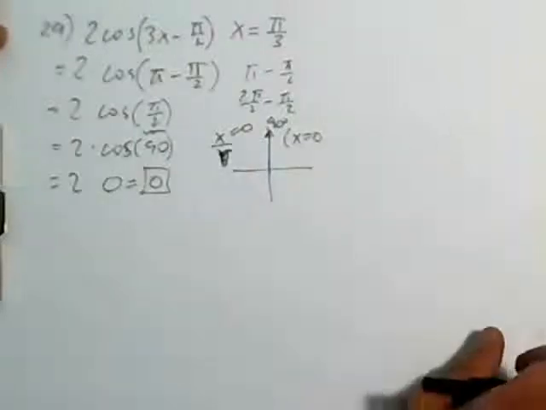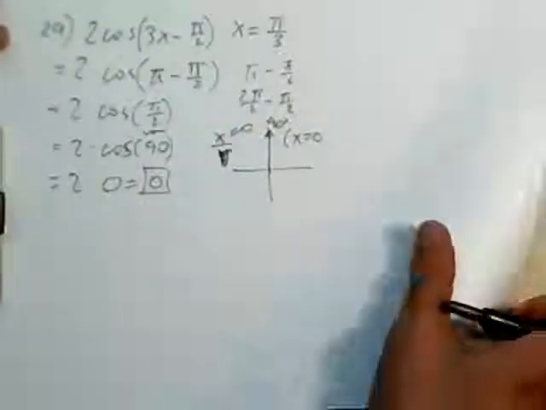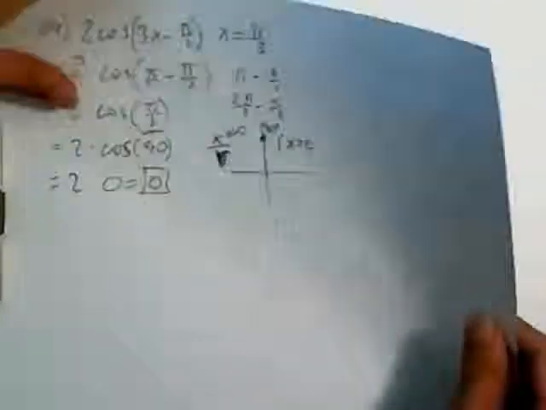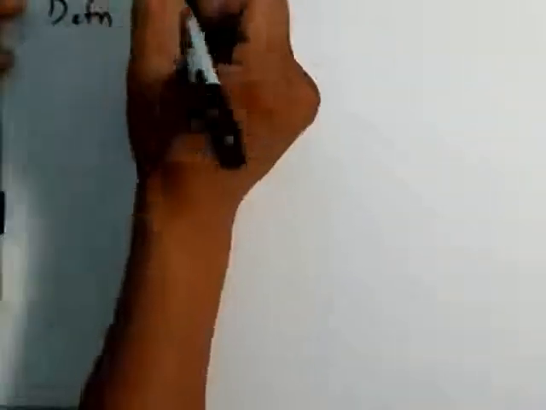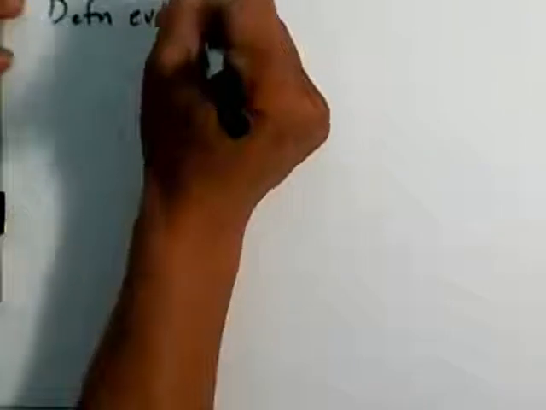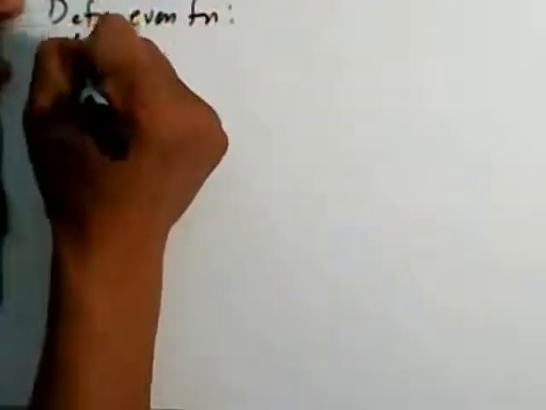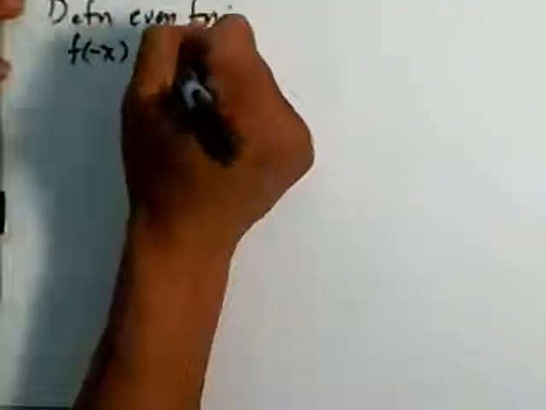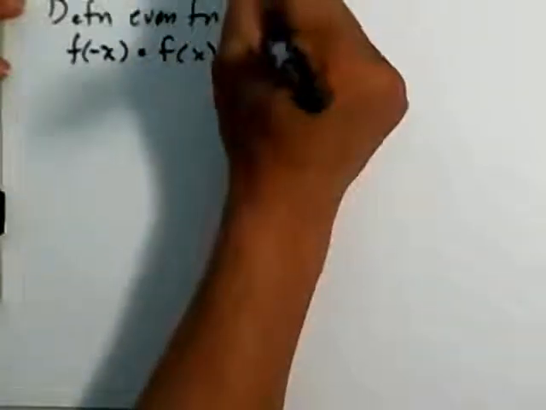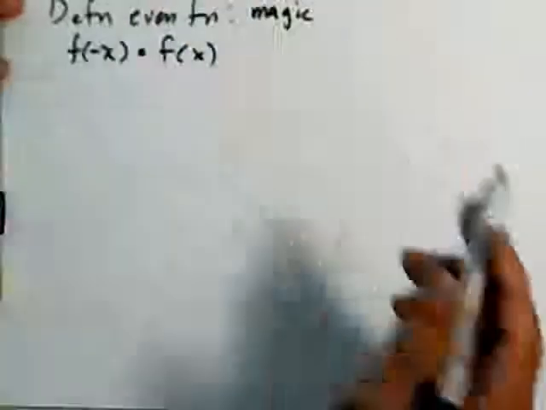Let's do 31. This is pretty important stuff, so I'm going to show you how to do some of these even and odd functions. By definition, this is the definition of an even function: f of negative x is equal to f of x. Think of it as magic for an even function.